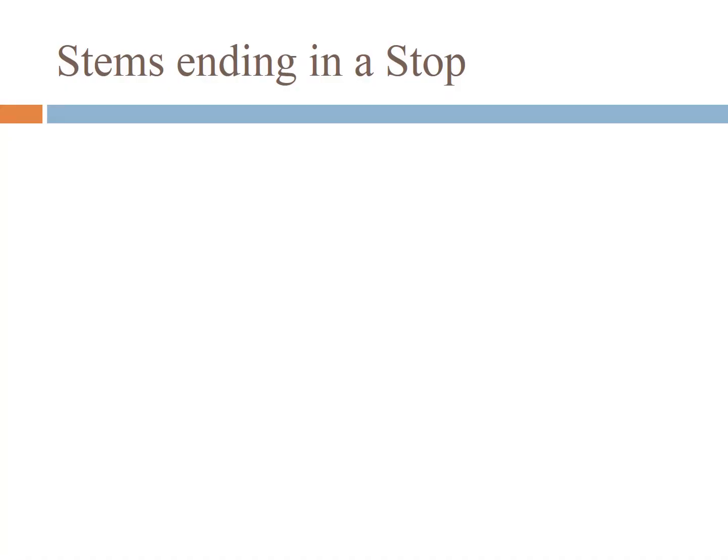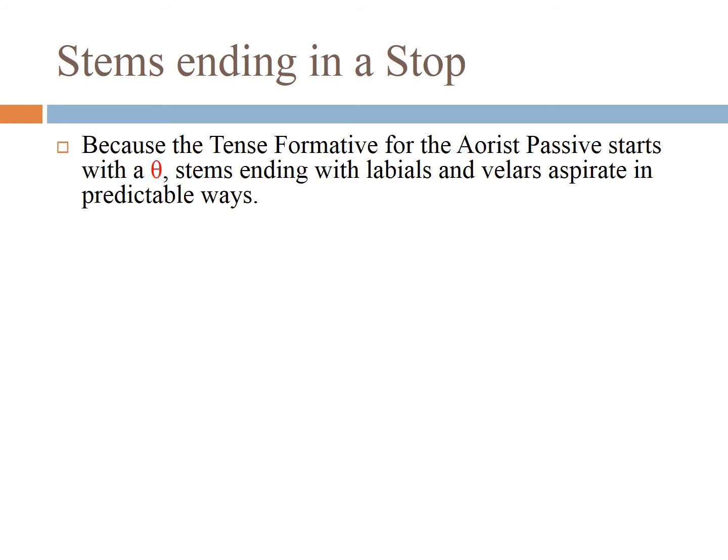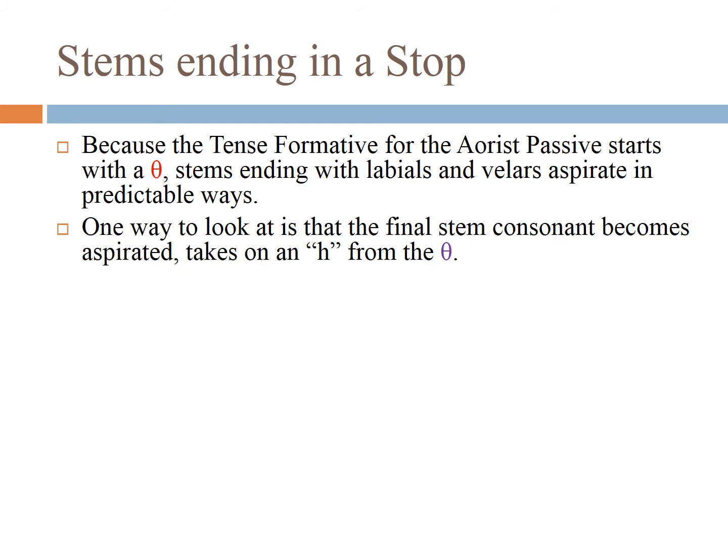Stems ending in a stop. We've seen this once before. Because the tense formative for the aorist passive starts with a theta, stems ending with labials and velars aspirate in predictable ways. One way to look at this is that the final stem consonant becomes aspirated, takes on an h from the theta. Labials, beta and pi, change to phi.